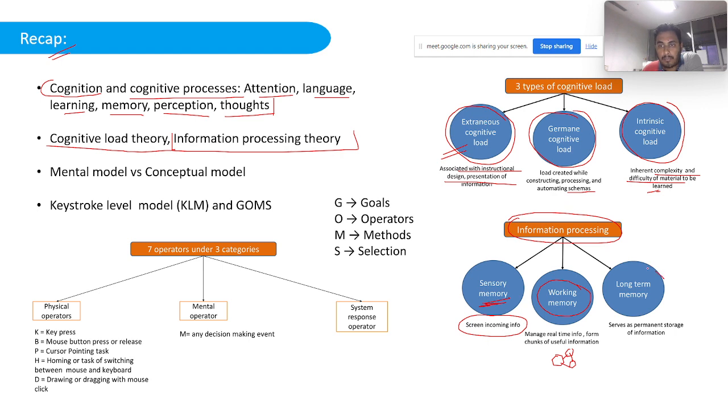The other type is long-term memory, which serves as permanent storage for information. Understanding both of these theories, information processing as well as human cognition, is important for their use in usability engineering.